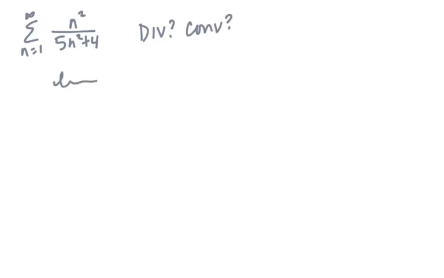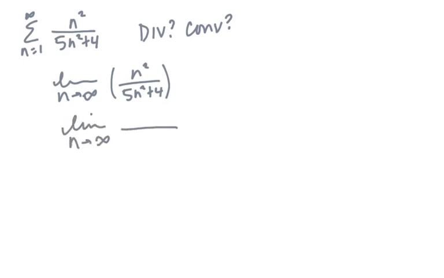So let's look at the limit as n approaches infinity of n squared over 5n squared plus 4. If we take the limit, the easiest way to do it is to divide by the highest power of n in the denominator. So we divide by n squared and we get 1 over 5 plus 4 over n squared. This approaches 0, so we get 1/5.